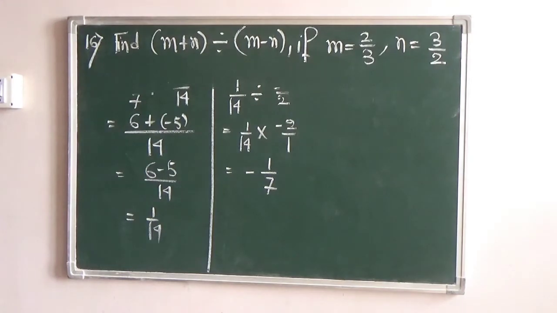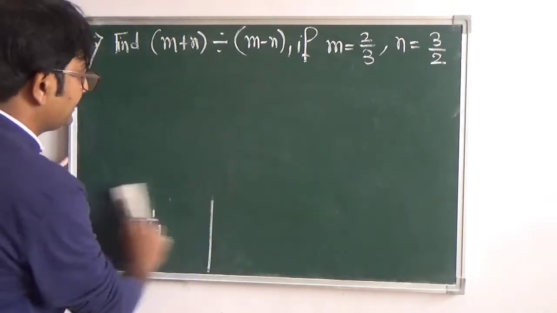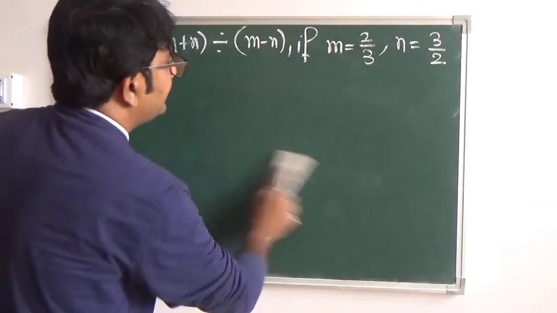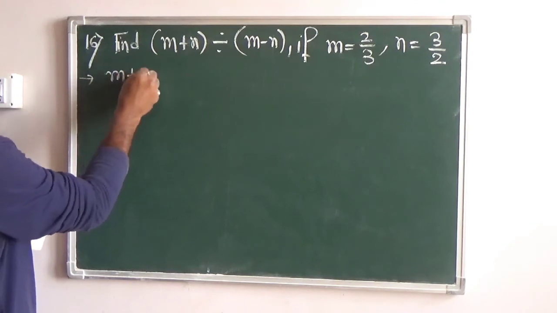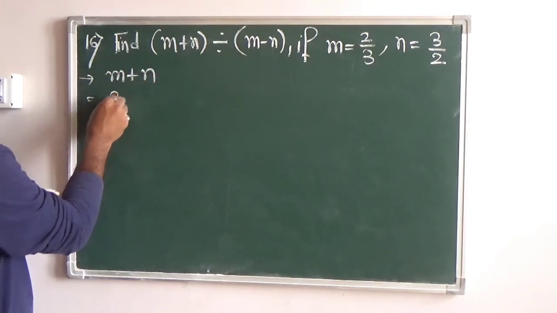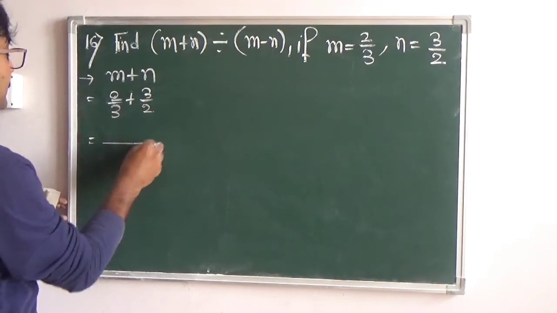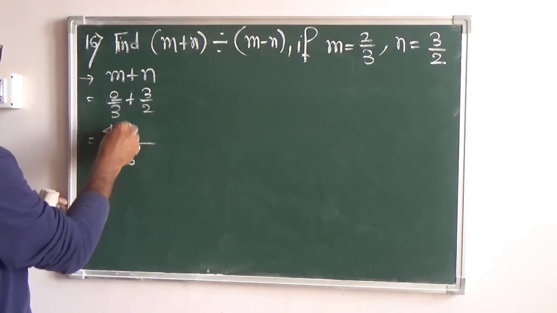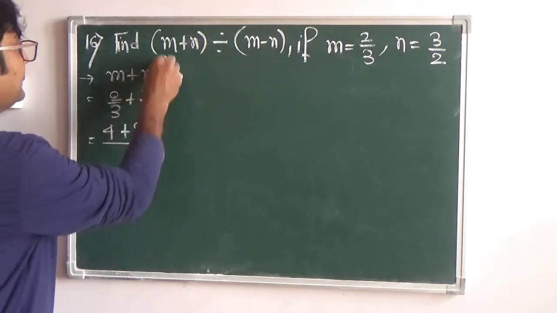We have to find the value of m plus n divided by m minus n. So first we separately find the values of m plus n and m minus n. We have m plus n. M is 2 by 3 plus 3 by 2. The LCM is 6, so it is 4 plus 9, and that is 13 by 6.